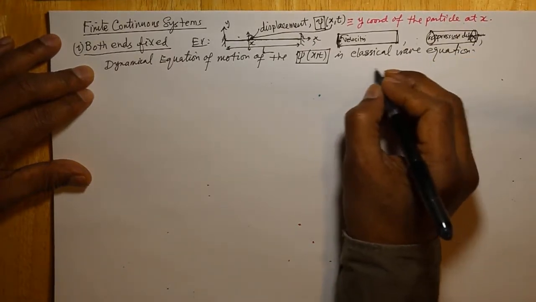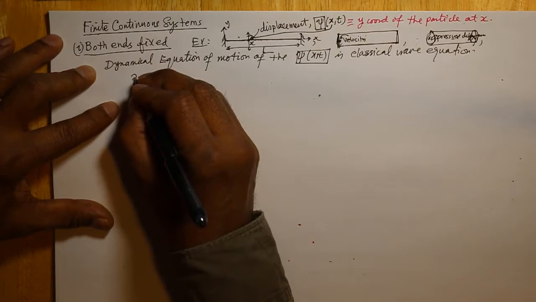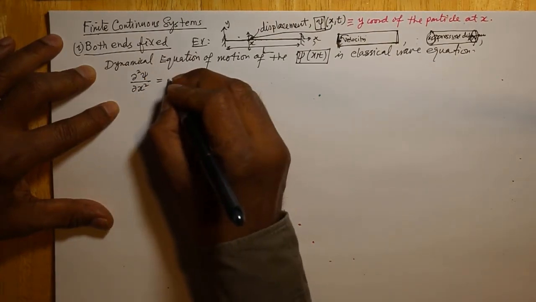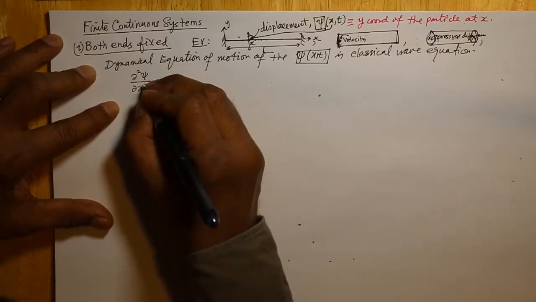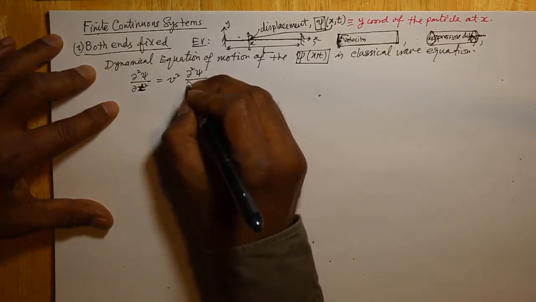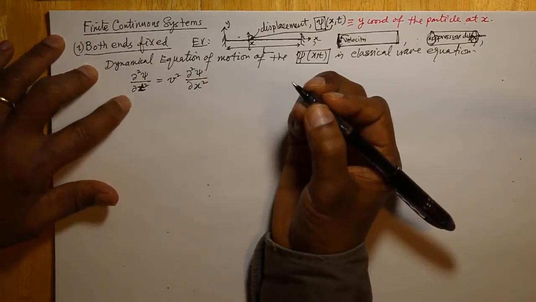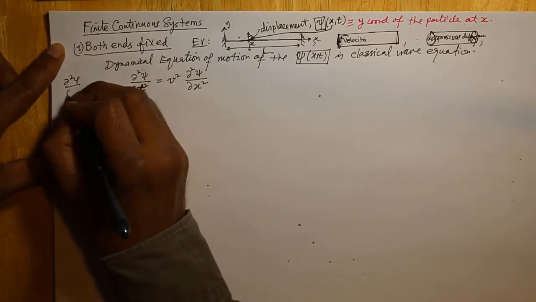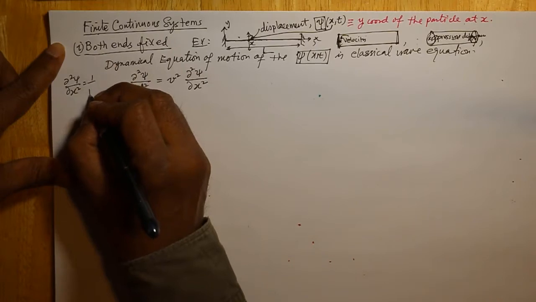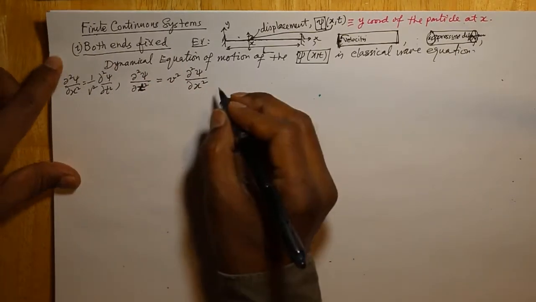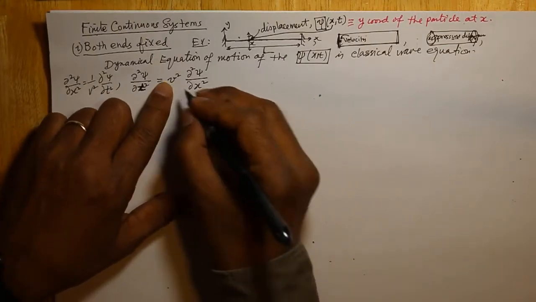The dynamics is contained in that: d square psi dx square equals 1 over v square d square psi dt square. You can write it another way, either one of them. What is v?